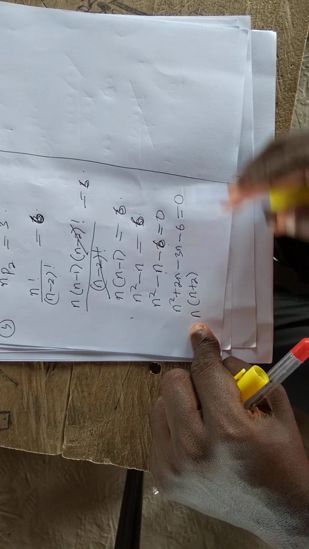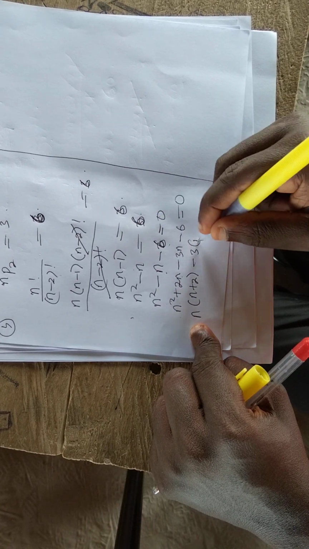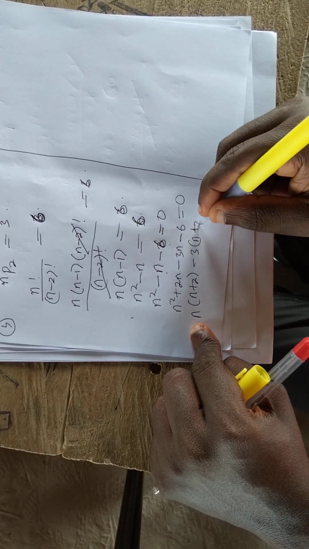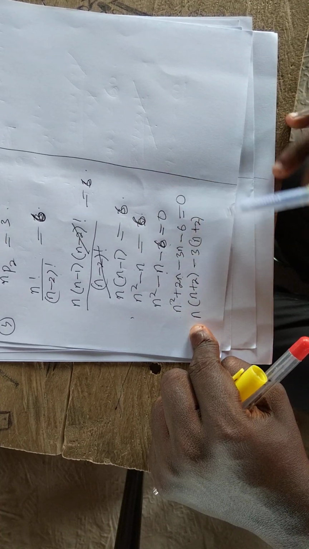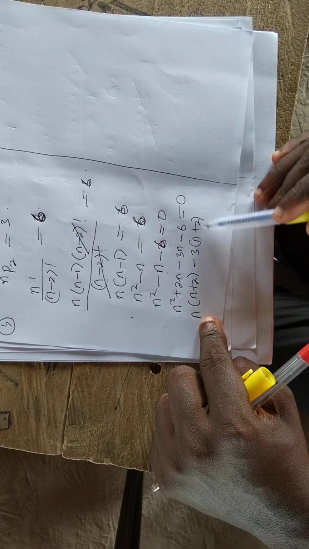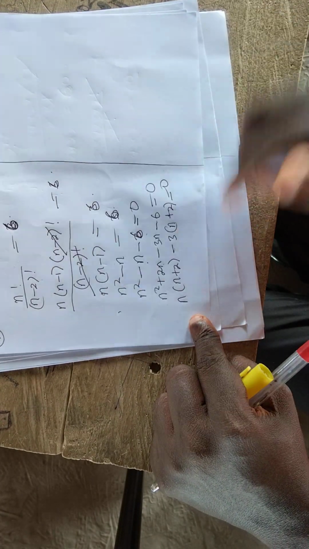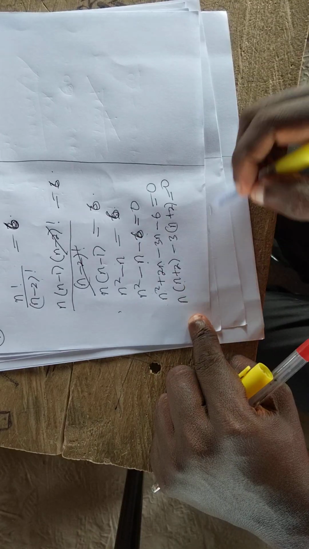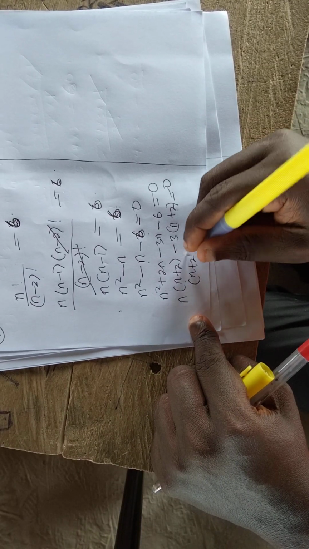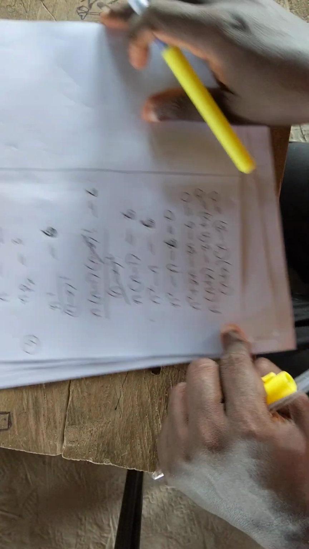Then minus 3, open bracket, n plus 2. When you are factorizing a quadratic equation, your first bracket must be equal to the second bracket. So everything equals 0. So we take one of the brackets and take the other one. N plus 2, bracket n minus 3 equals 0.